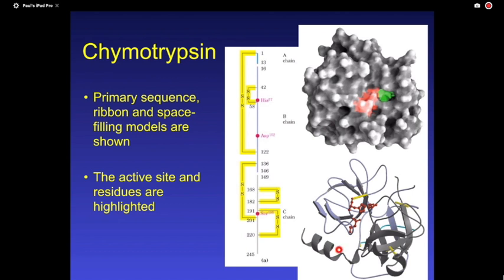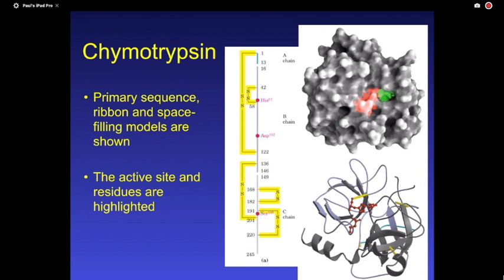And then when I do the ribbon structure, what I've done is I have identified some key amino acids using ball and stick, and there are three major amino acids that are in the active site that make the serine reactive. Okay. If you take a look at this, that gives you a little bit of information. This gives you a little bit more, and you can see that pocket's actually a little bit bigger than what it looks like here. There's actually a big channel that runs, and that's the big channel here.